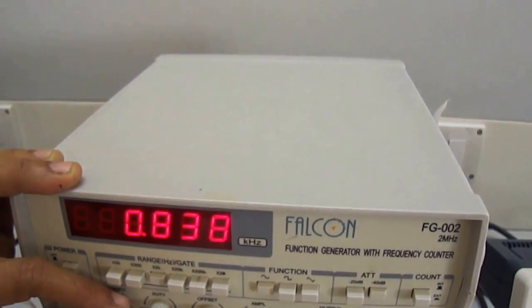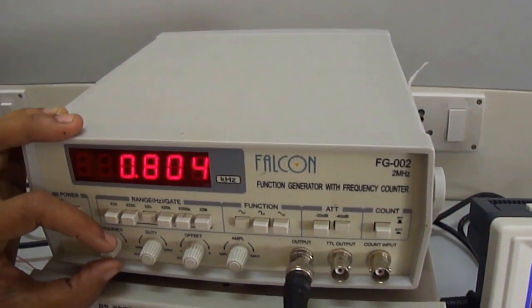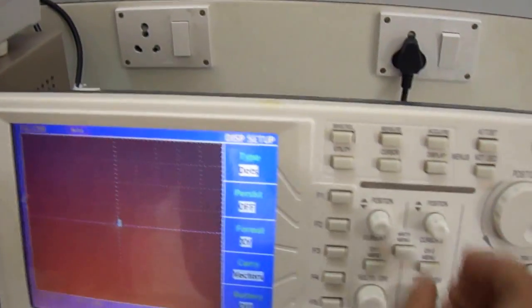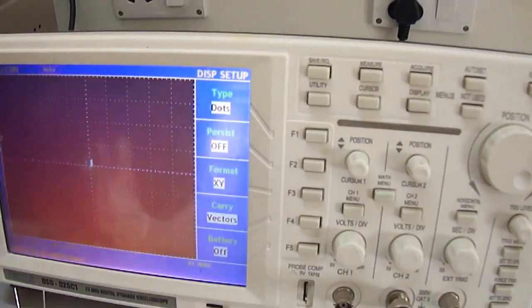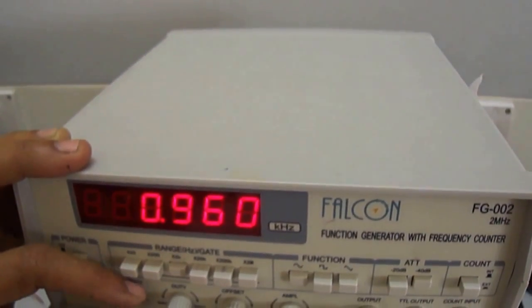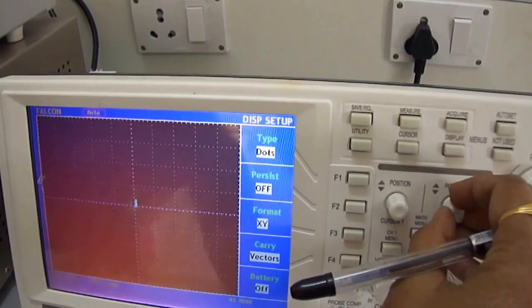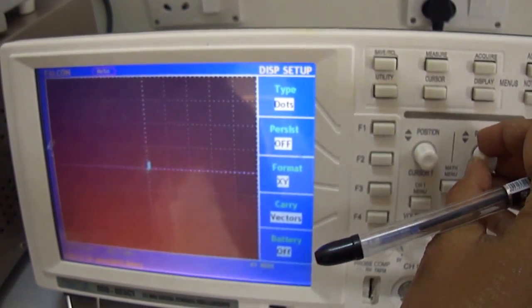Next is 800 hertz. At 800 hertz, the same 1.5 only. Next is 900 hertz. At 900 hertz, 1.5 only. Next 1K.